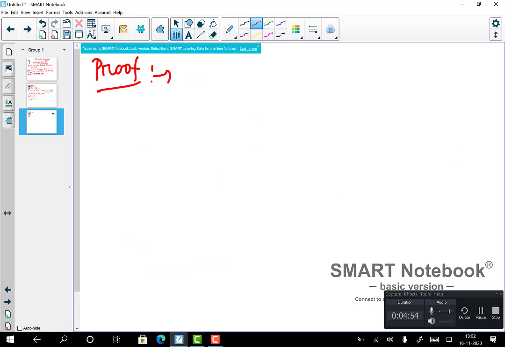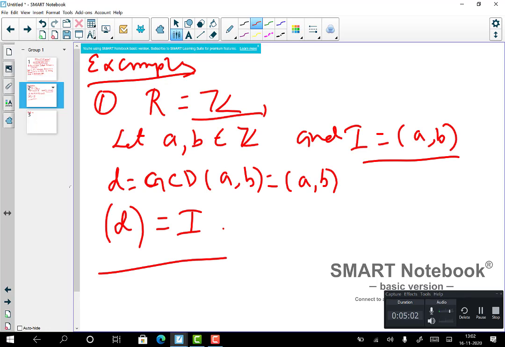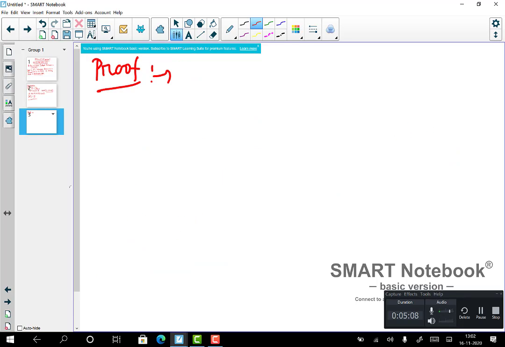So what does that mean? Okay, I need to prove this about the GCD. You remember the property of the GCD of A and B: using Bézout's lemma we proved that you can write D as K1 times A plus K2 times B, right?